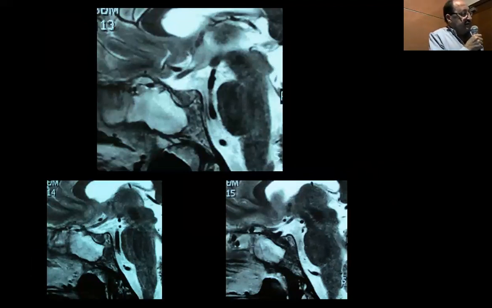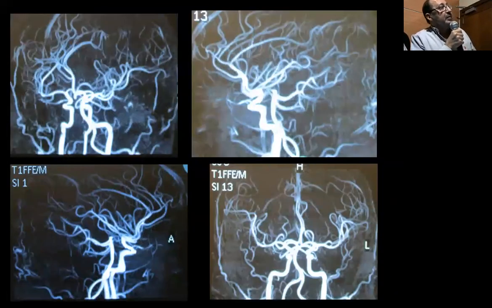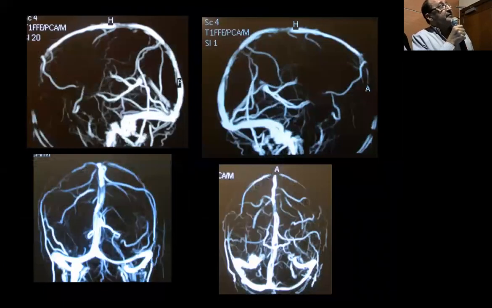You can see this is the sella, and the floor of the sella is intact because there is a hypointense structure here. This is the bone. There's no extension into the pituitary gland, and this is the optic nerve. This is the MRV, normal.